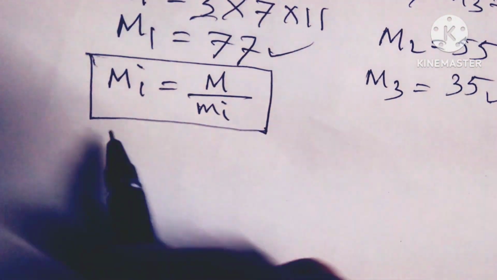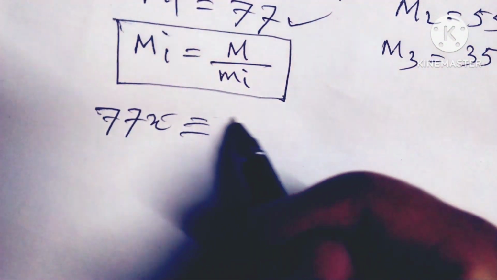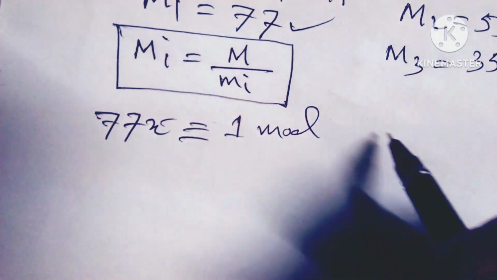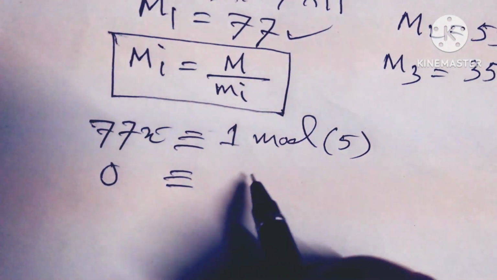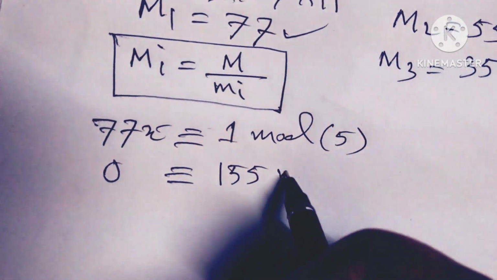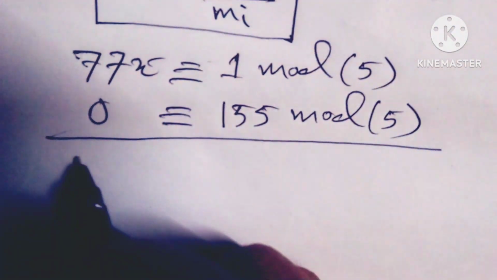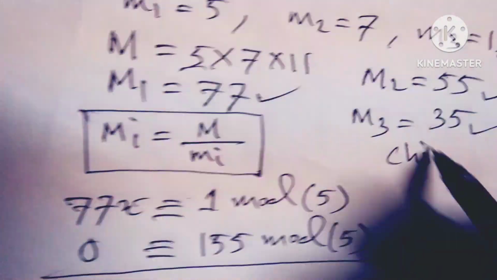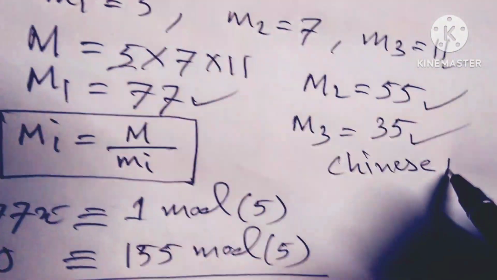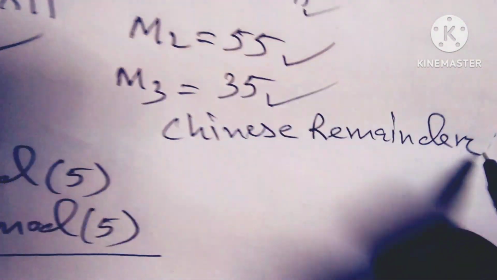So now let's start to solve our problem. 77x is congruent to 1 mod 5, and 0 is congruent to 155 mod 5. So I get 77x, and I apply the Chinese remainder theorem. Please check my video on what the Chinese remainder theorem is; I have already discussed it in my channel.